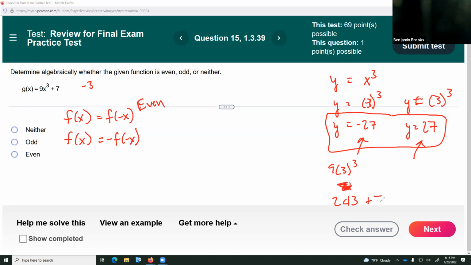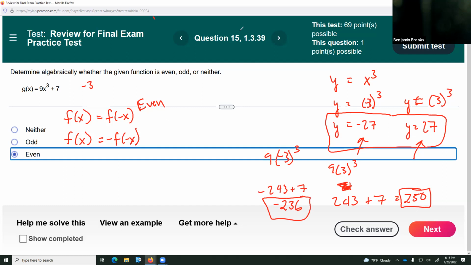But if I use -3 cubed... you're going to end up with -243 plus 7, which is going to be -236. So these two are obviously not anywhere near being like each other. Does that make sense? So your answer is going to be neither.